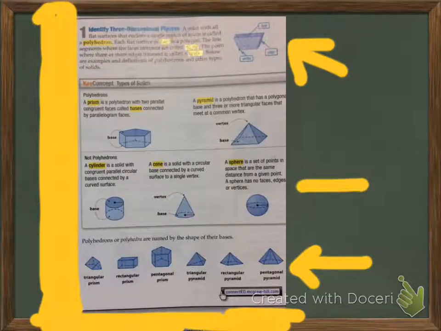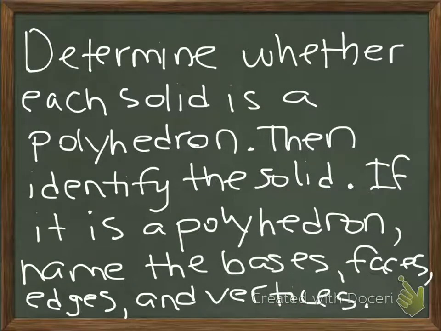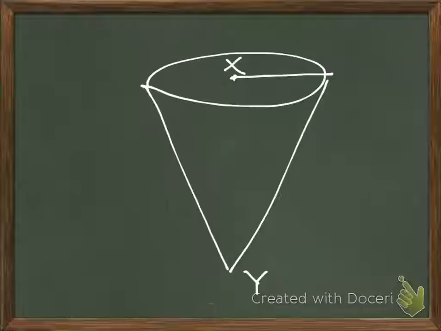So these three would be not polyhedrons, and then at the bottom there I've already talked about the types of prisms and pyramids. So we're going to determine here whether each solid is a polyhedron, and then identify what type of solid it is. And if it is a polyhedron, we're going to name the bases, faces, edges, and vertices.